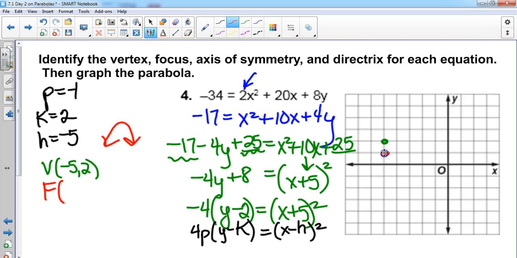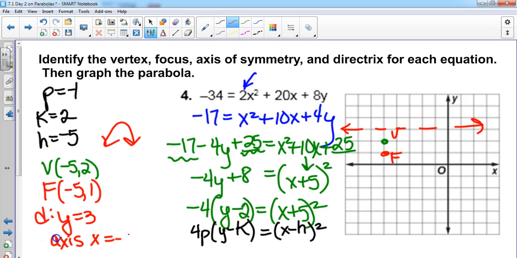So 1 unit below that is the focus. So the focus is at negative 5, 1. The directrix is 1 unit above, which is y equals 3. And the axis of symmetry is x equals negative 5. Okay.